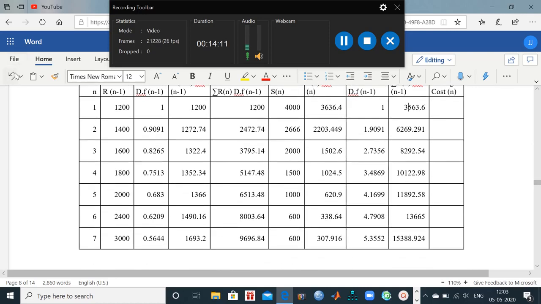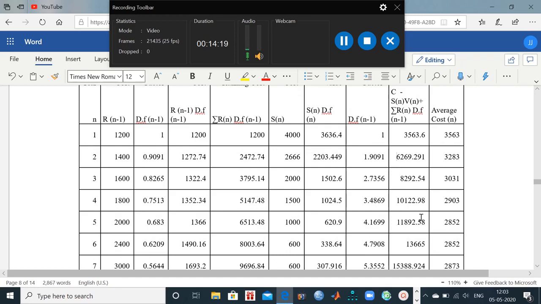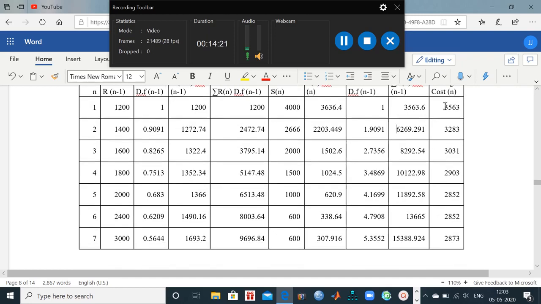Now if you do that, you should be having your values back here. I've removed the decimals and held on only to the integer values here. So you have a look at this. The costs are decreasing till about the end of the 6th year, and it begins to increase from the 7th year onwards. So we take a call to replace the machine at the end of the 6th year.